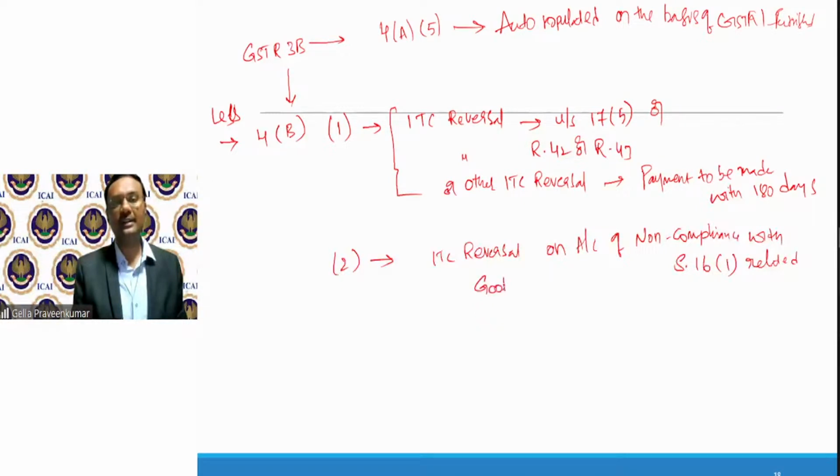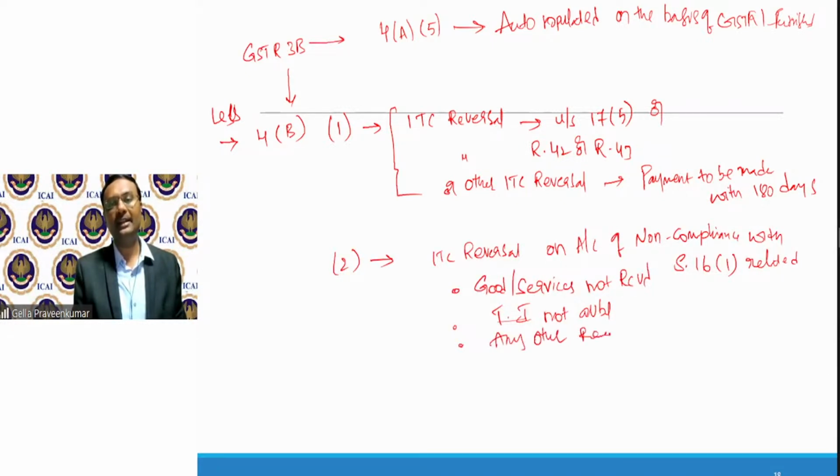Instances like goods or services not received, or tax invoice not available, or probably any other reason, payment is not made by the seller. I know that this supplier is a regular defaulter.